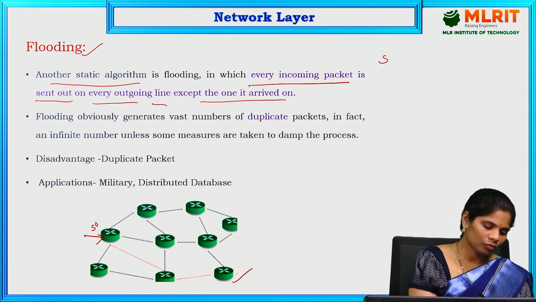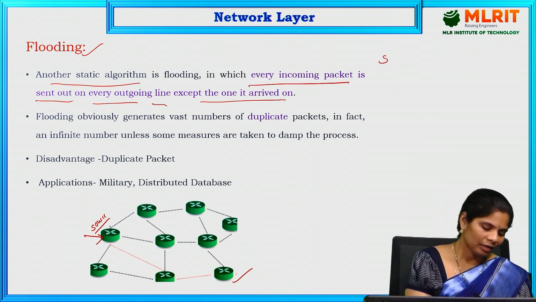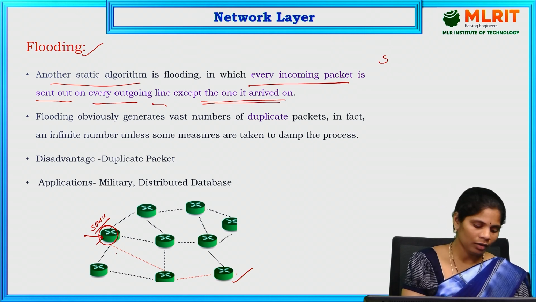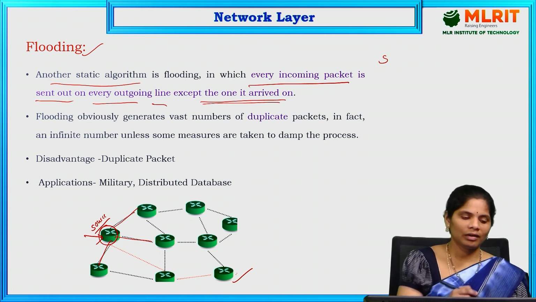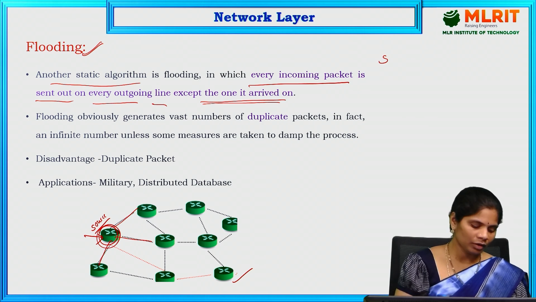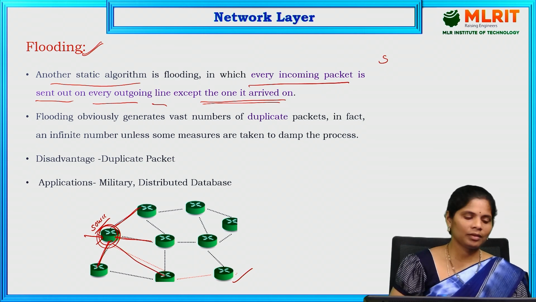Flooding is nothing but what? Except the particular node on which it arrived, it will send to all other neighbor nodes. That is the flooding. Whichever routes are available to this particular router, it will send the data packets to all other routers. That is flooding.